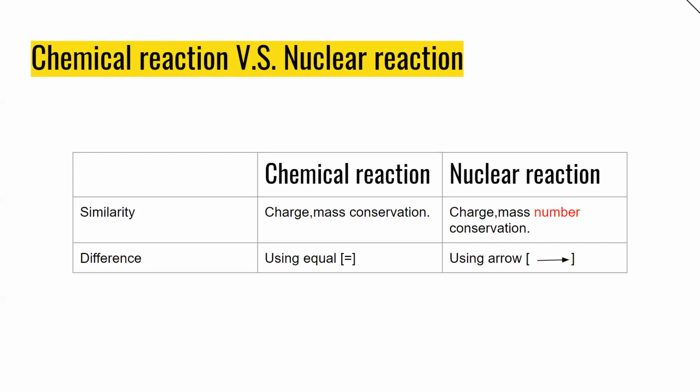But in the chemical reactions we studied in chemistry class, we invariably use the equal sign, while in nuclear reactions we use the arrow to represent the progress of the reaction.